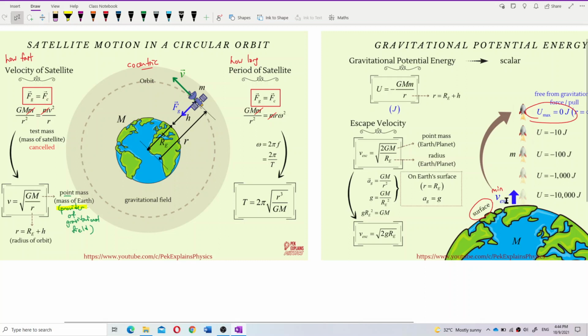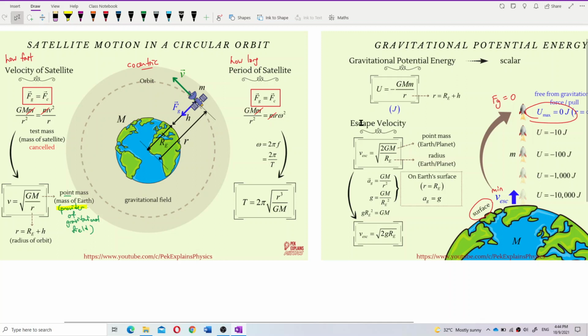Let's say the minimum velocity for Superman or the rocket to jump from the surface to potential energy equal to 0 joule, free from gravitational force, or to jump to the area where you have no more gravitational force. That's escape velocity.